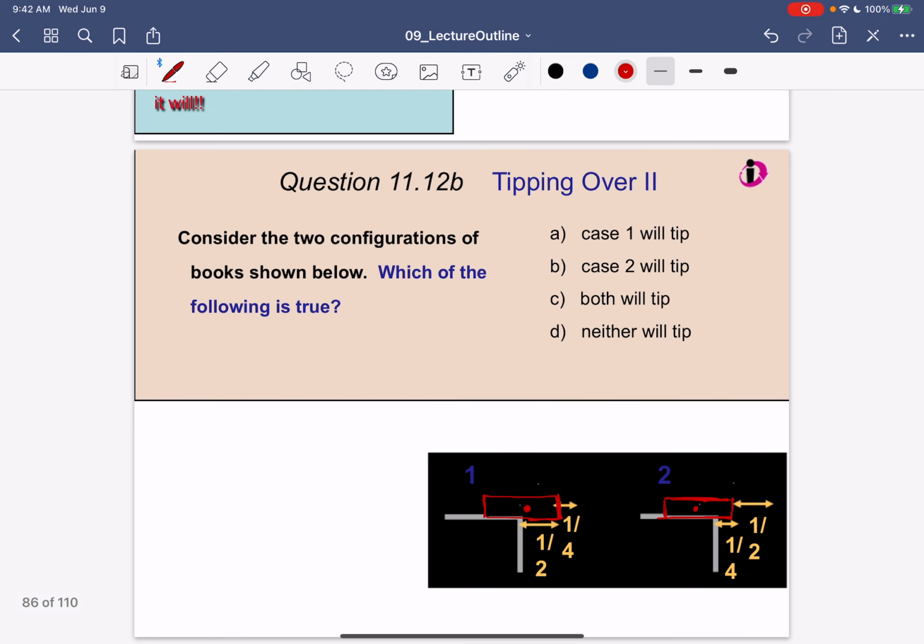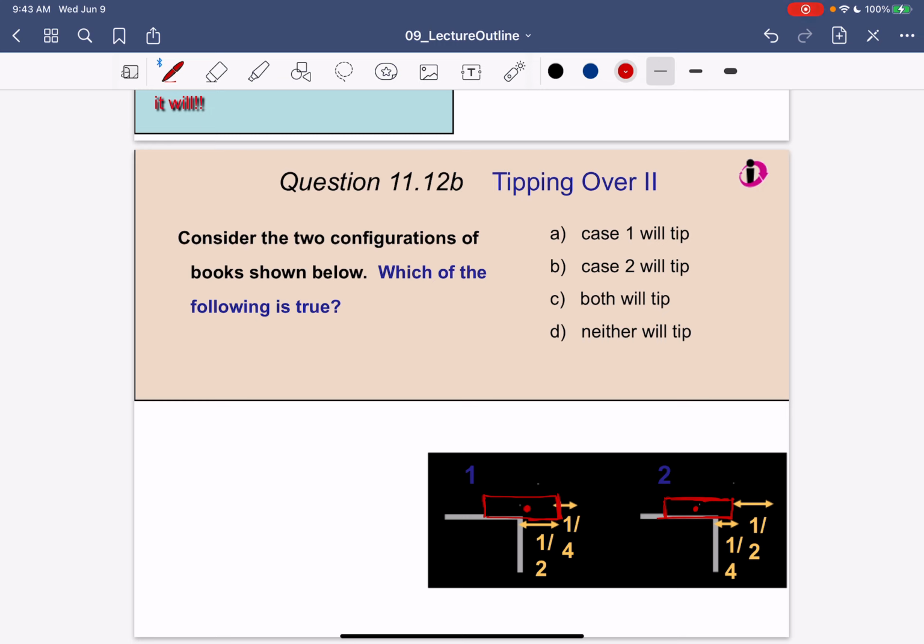Now here I have two configurations of a book. Which of the following is true: which one is going to tip over? Case 1 will tip, case 2, both, or neither. Of course, I will say case 1.